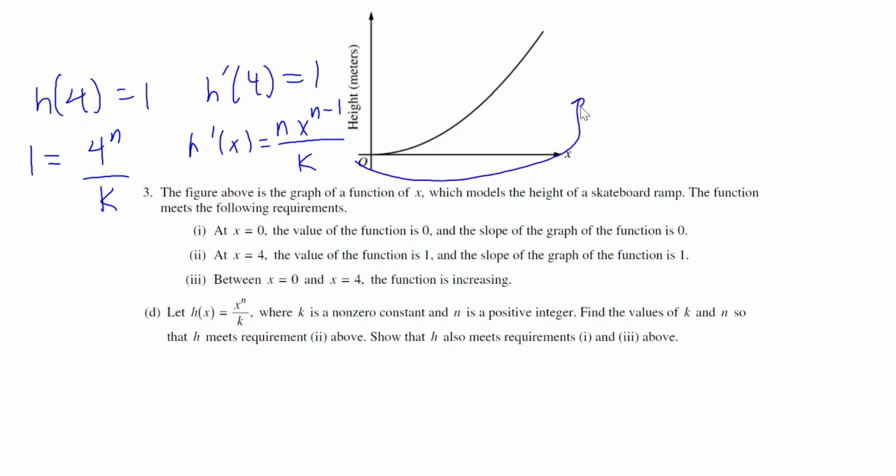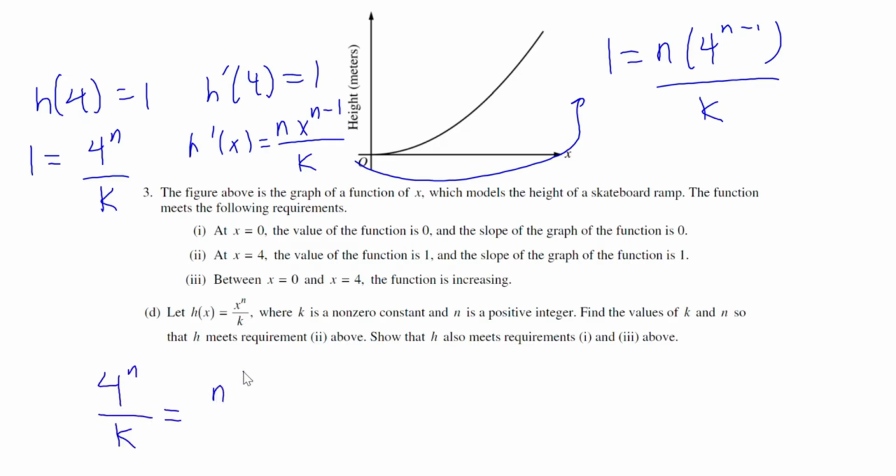And so if I plug in 4 for x there, that's supposed to equal 1 as well. So we'll do that over here. If I plug in 4 for x, we get 1 equals n times 4 to the n minus 1 over k. And since both n times 4 to the n minus 1 over k and 4 to the n over k are supposed to equal 1, we should be able to figure out if we set those equal to each other, we'll end up with 4 to the n over k is equal to n times 4 to the n minus 1 over k.